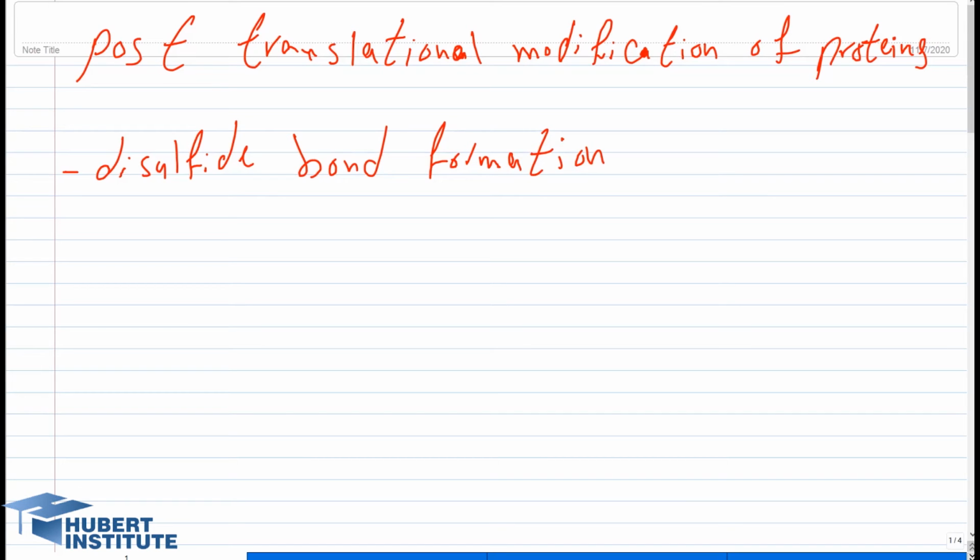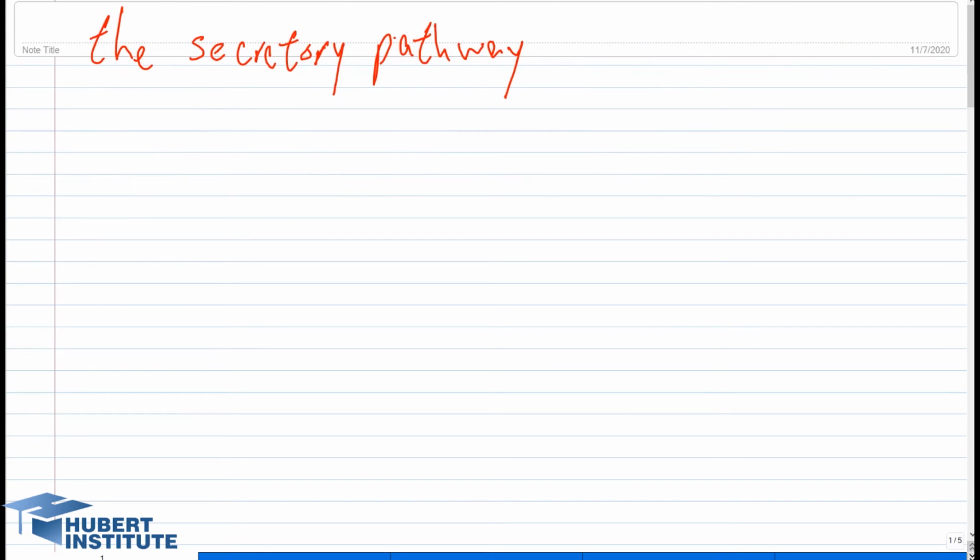Proteins that are secreted from the cells or that become part of the cell membrane follow what we call the secretory pathway. The secretory pathway describes the path a protein takes from when it's synthesized until it leaves the cell or becomes part of the cell membrane.